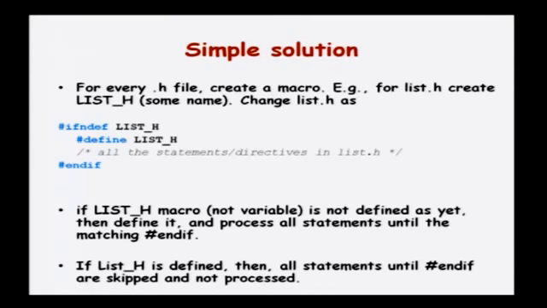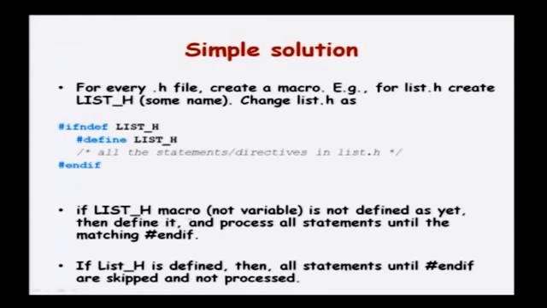So, when list.h is included for the second time, the C preprocessor will look at this #ifndef LIST_H. That has been defined because p1.h has already caused it to be defined. So, it says that okay, LIST_H is defined, so I will skip the entire thing until #endif.